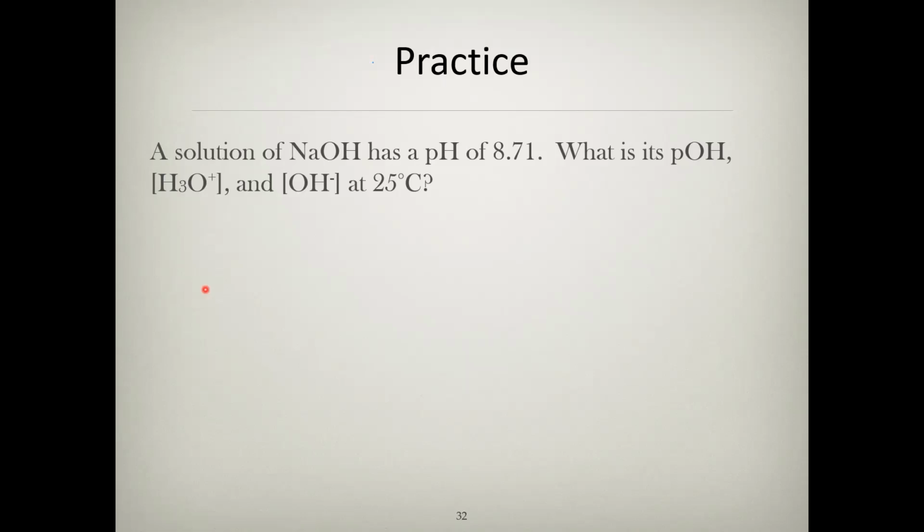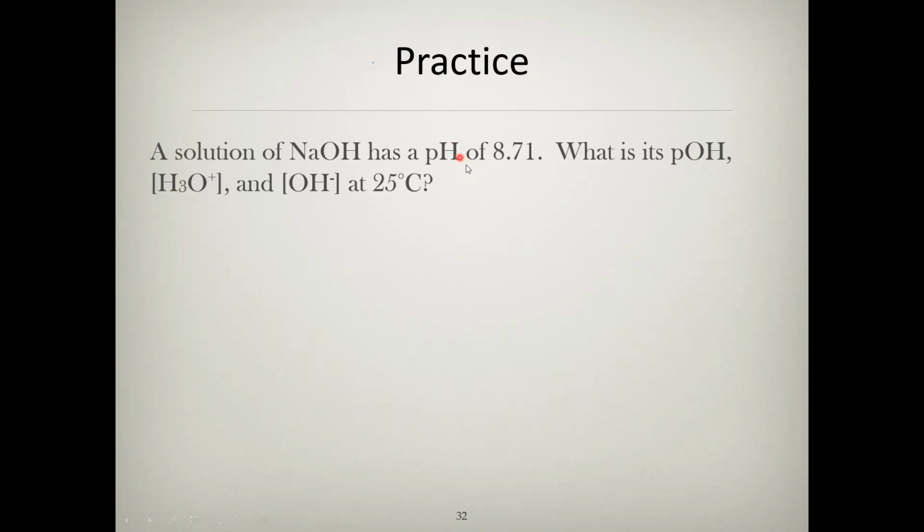So if we look at the example here, a solution has a pH of 8.71. So when we get our concentration, we're again going to want just 2 sig figs because we've got 2 digits after the decimal here for the pH. But we want to figure out what is the pOH, what is the H3O+ concentration, and what is the hydroxide ion concentration as well.